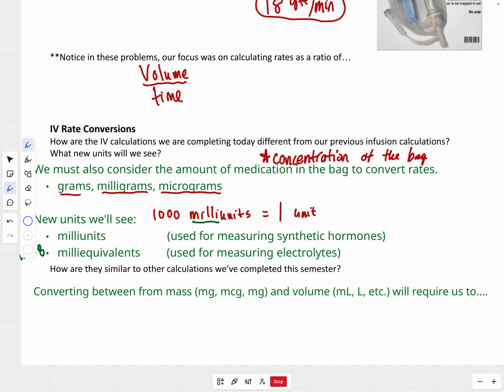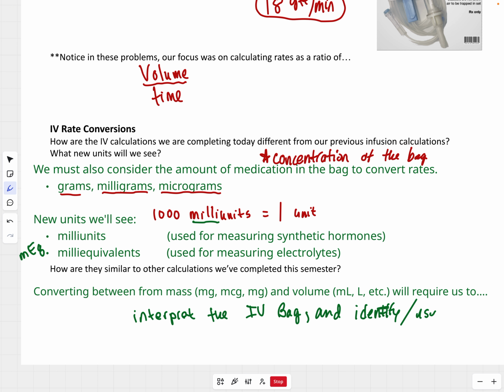They'll require us to interpret the IV bag and use the strength of the IV bag. And so identify and use the strength or concentration, just as we have seen this semester.